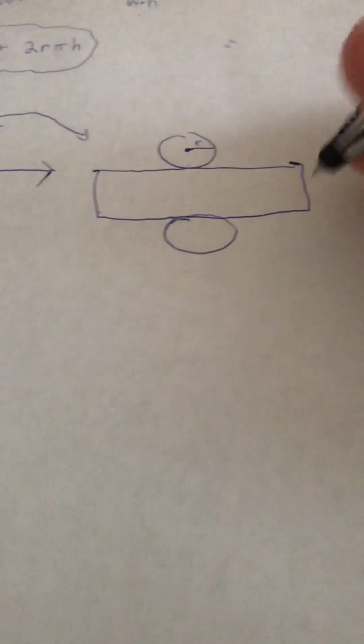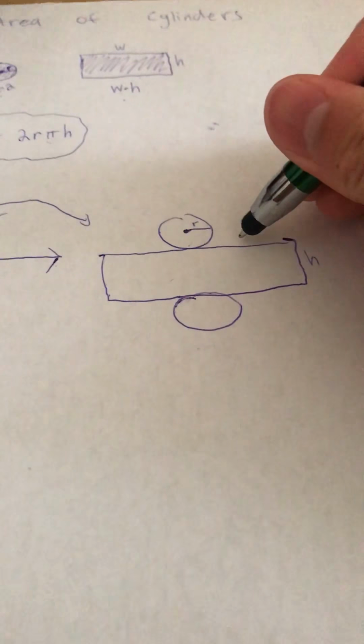Usually you'll have a radius, you'll have a height, and you're going to need the width of this rectangle, but they're not going to give it to you, so I'll put it in a little cloud, which means you need it, but they're not going to give it to you.